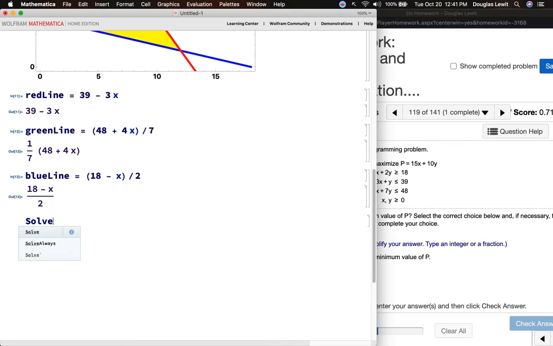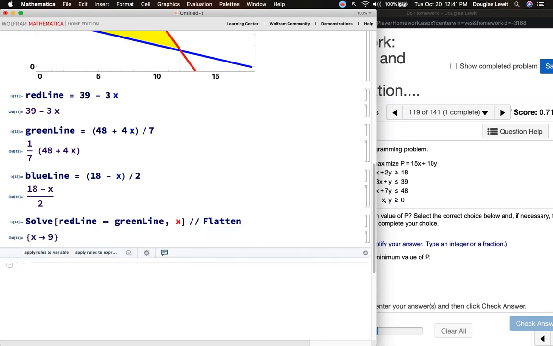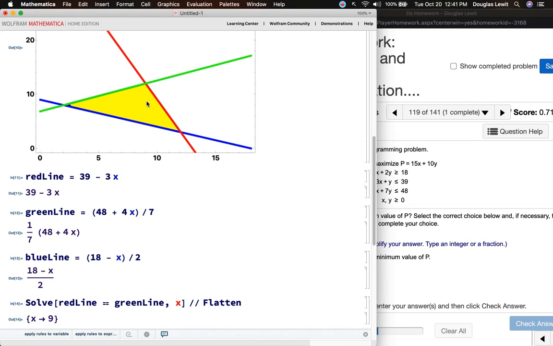Solve. When is the red line equal to the green line? I'm looking for the value of x. So x is equal to 9. When is the red line equal to the green line? When x is equal to 9.